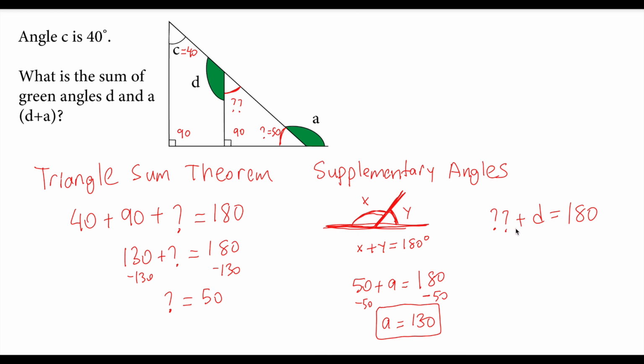So these are unknowns. So I can use the same triangle sum theorem and find out what the double question mark value is. So how are we gonna do that? So 50 plus 90 plus double question mark must be equal to 180.